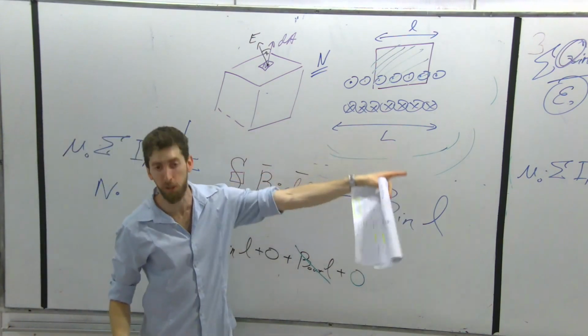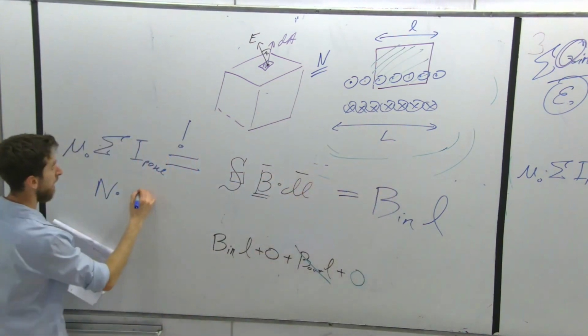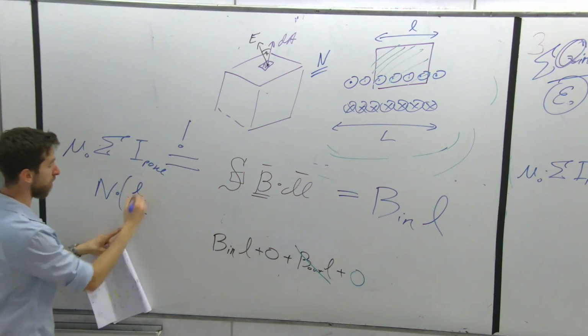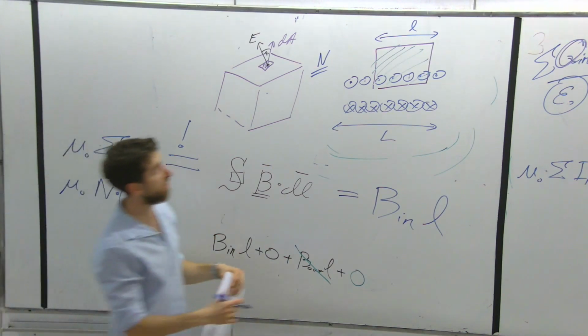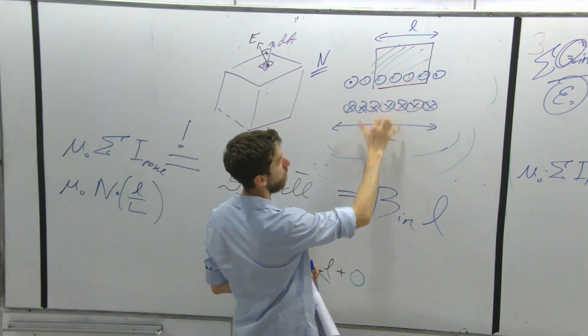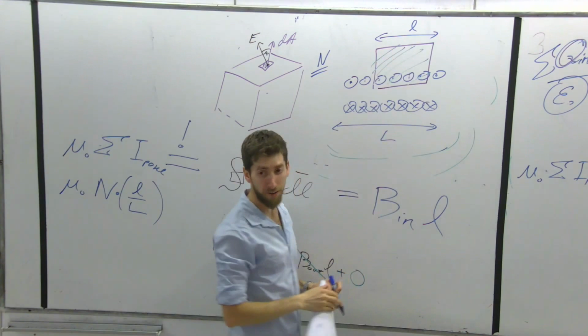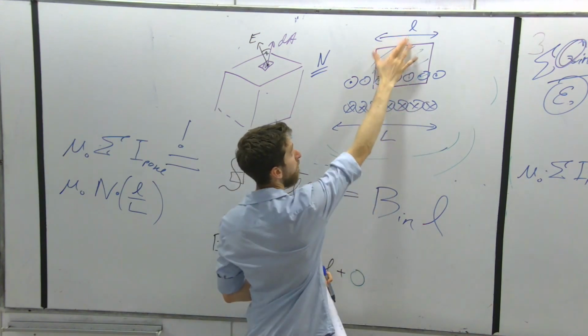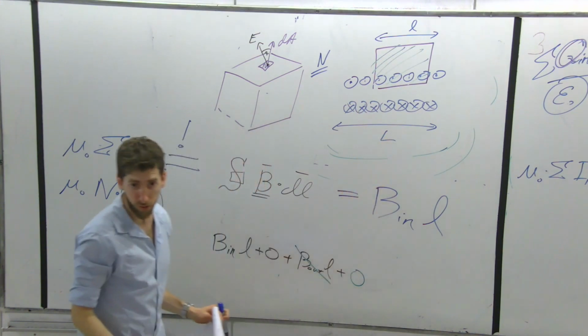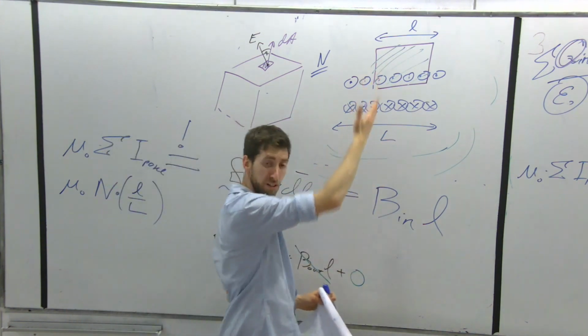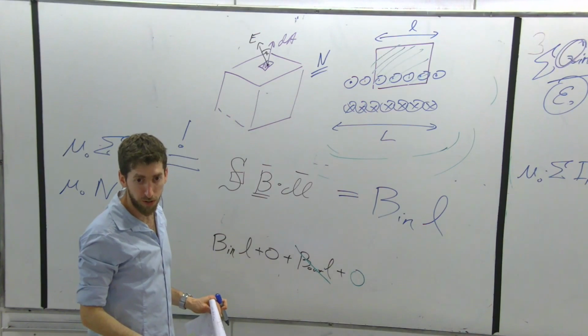Because I don't have all the loops. I have l divided by L. This is a fraction correction, right? I have only this ratio. For example, if l was half the size of L, I have half of all the loops, right? If it was a third, then a third of all the loops, right?